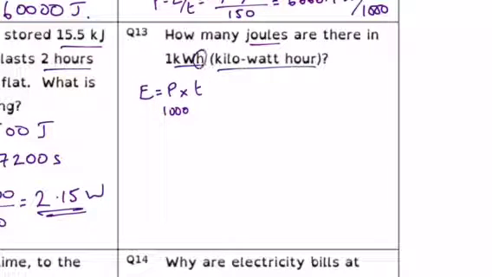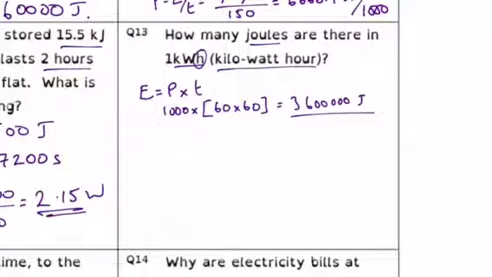And then rather than seconds, well, the number of seconds in 1 hour is 60 seconds in a minute, 60 minutes in 1 hour. So the amount of energy in joules that 1 kilowatt hour is 3.6 million joules.